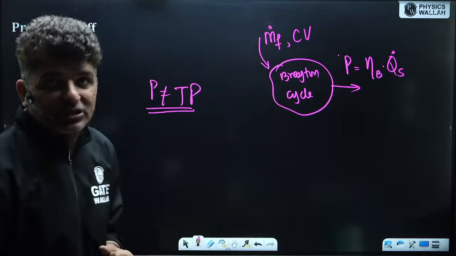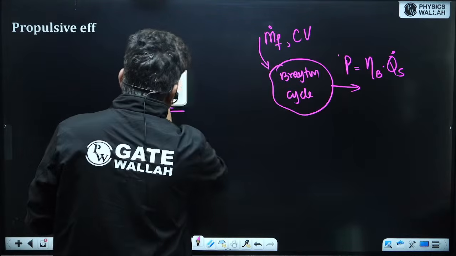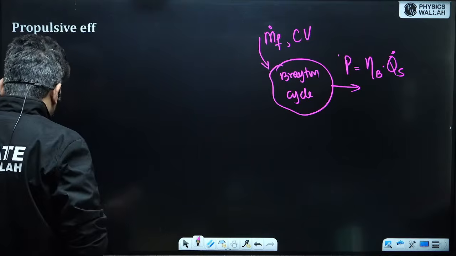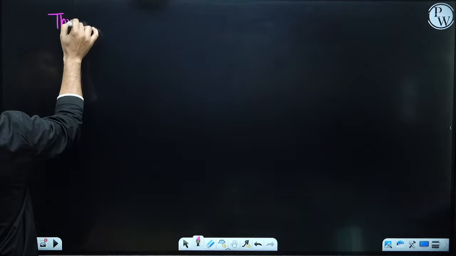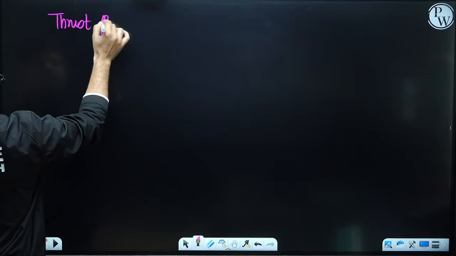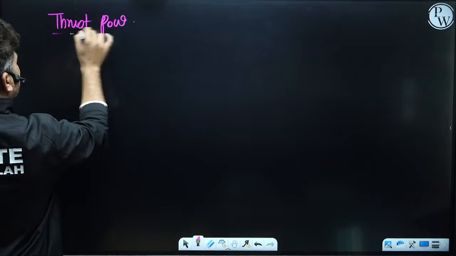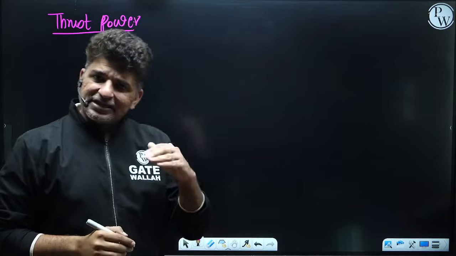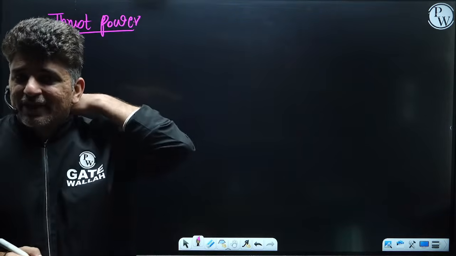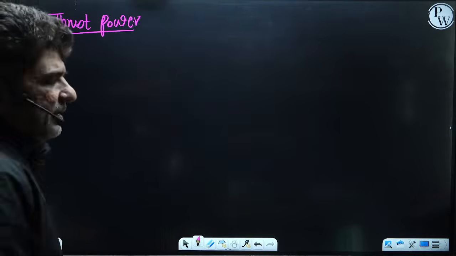Why do we say so? To understand this, first calculate what is the thrust power present in the engine. So what is thrust power? Thrust power is the power that has been converted, or that is available with the aircraft.